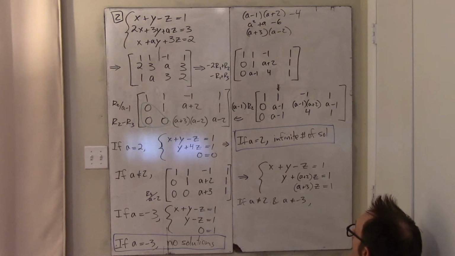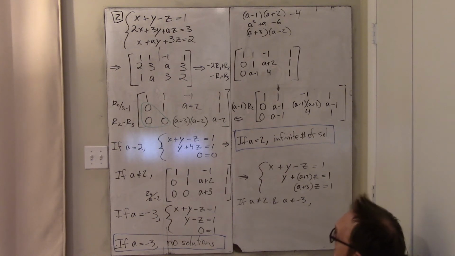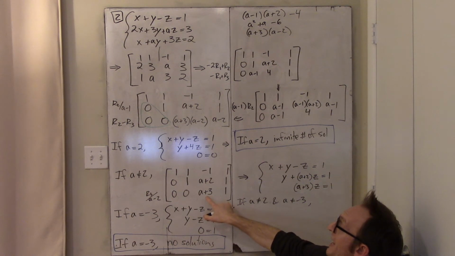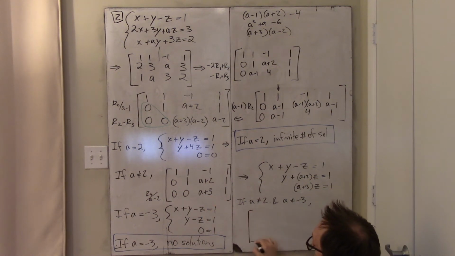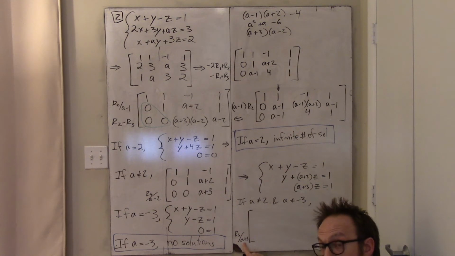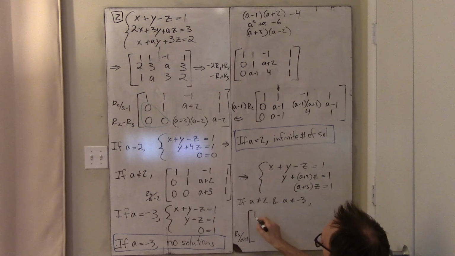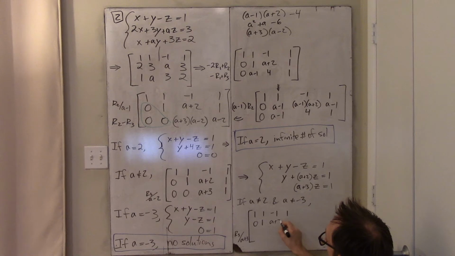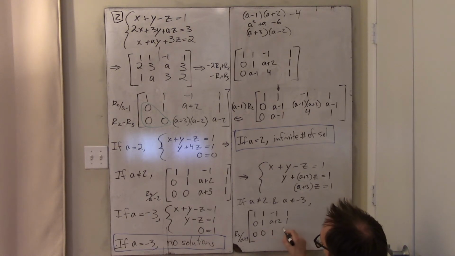Well, now, if A is not negative 3, then perhaps the final thing to do is just to divide by A plus 3. And so if I produce the matrix in which row 3 was divided by A plus 3, and I know I'm allowed to divide by A plus 3 because I know A is not negative 3, then my final answer is 1, 1, negative 1, 1, 0, 1, A plus 2, 1, and 0, 0, 1, 1 over A plus 3.